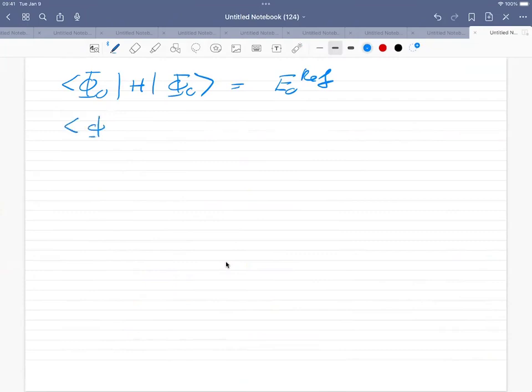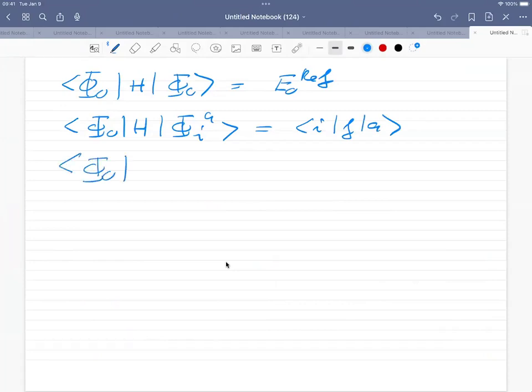We also found that this specific matrix element of phi IA is given by another simple matrix element, which we can pre-calculate and tabulate. We also found that phi ij AB is equal to the matrix elements ij v AB, anti-symmetrized.